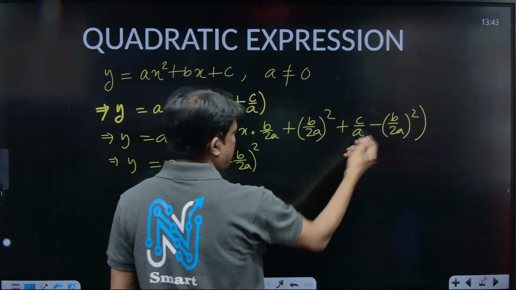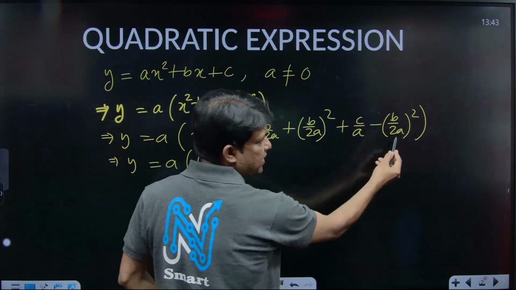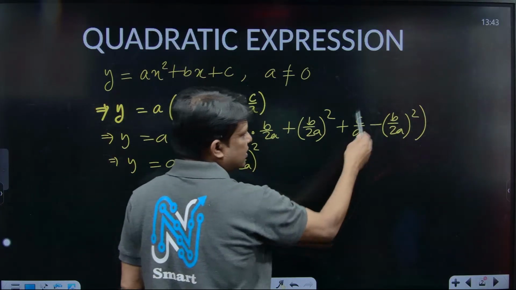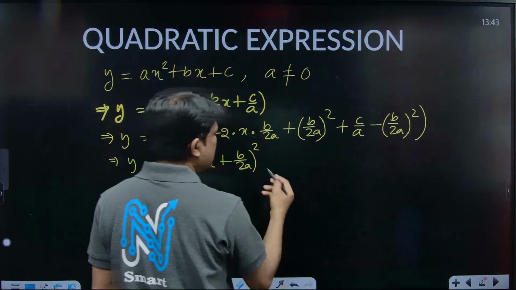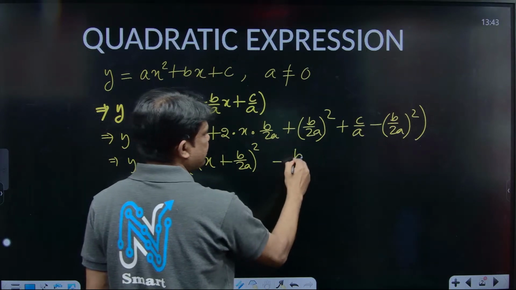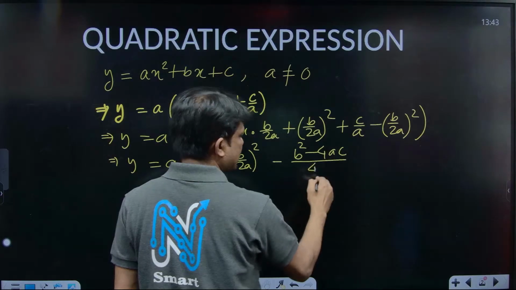Now complete that quantity: c by a minus b square by 4a square, which is 4ac minus b square by 4a square. That means minus b square minus 4ac by 4a square.